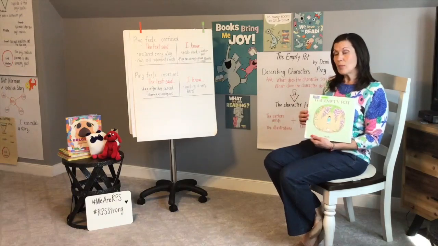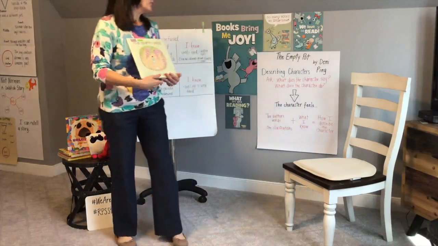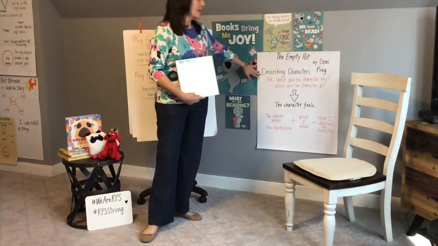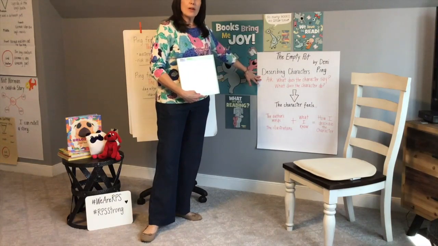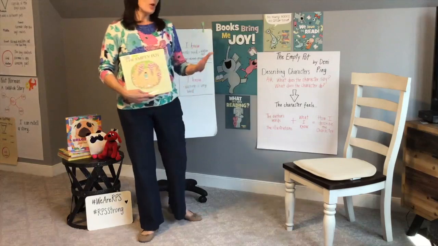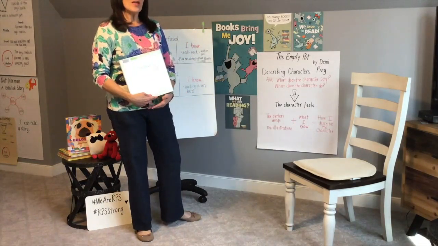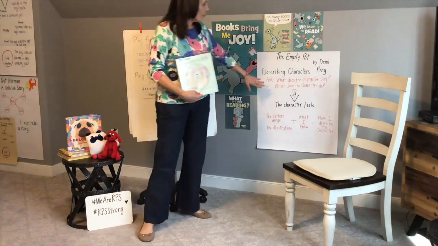The first time we read The Empty Pot, our job as readers was to focus on being able to describe our characters. We remember that when we describe characters, we ask ourselves, what does the character say and what does the character do? That helps us to think about the characters and how they might be feeling.